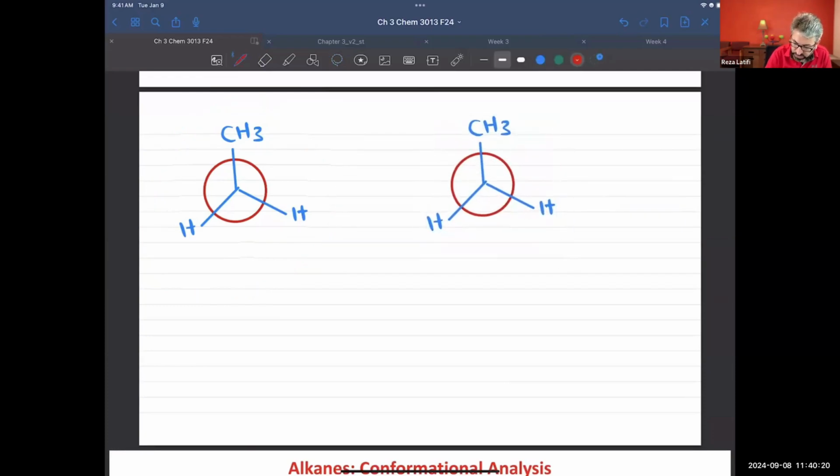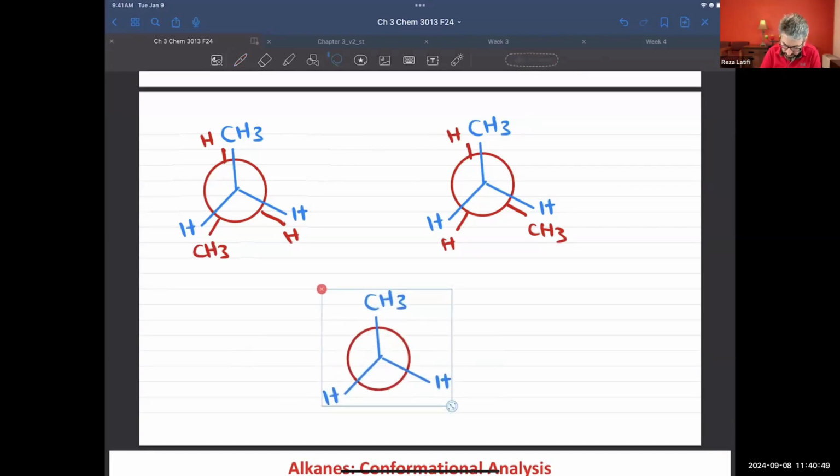The first one is when hydrogen is facing a methyl group. Then I have, for example, CH3 here, and then H. That's one. I can have CH3 here, and hydrogen there, and on the top also I can have hydrogen. And the last one, I can have CH3 facing CH3, and hydrogens facing hydrogens.